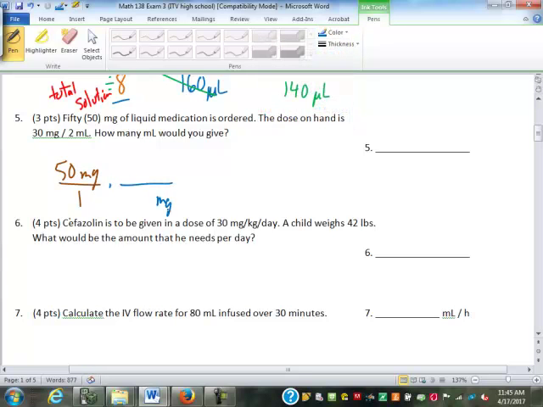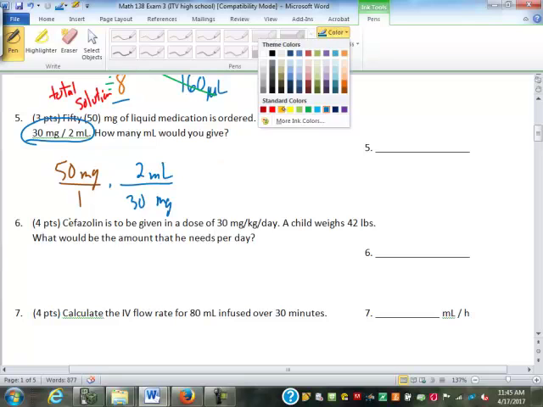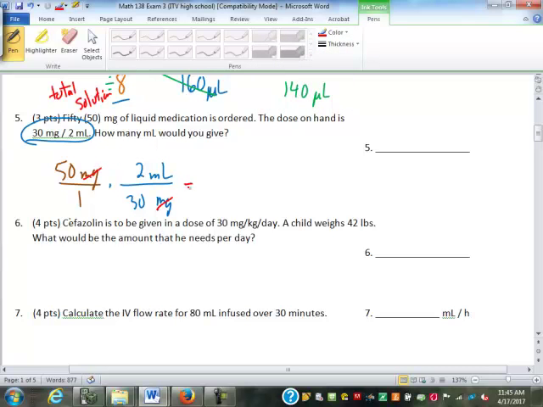I need to get rid of milligrams, and I have a relationship here. 30 milligrams is 2 milliliters. So the milligrams will cancel out. 50 times 2 milliliters is 100 milliliters. 1 times 30 is 30. So 100 milliliters divided by 30 is 3 1/3 or 3.33 milliliters.